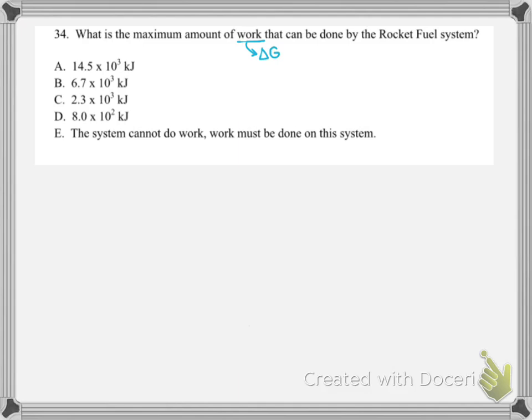And so with that same demo, they want us to figure out how much work it can do. When they're asking you how much work can be done, it's really getting at the delta G. So they want us to find delta G for this reaction. So let me go ahead and write the equation again. Okay, so there we have the reaction.